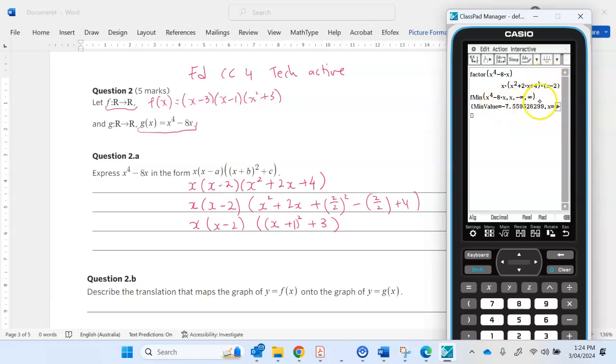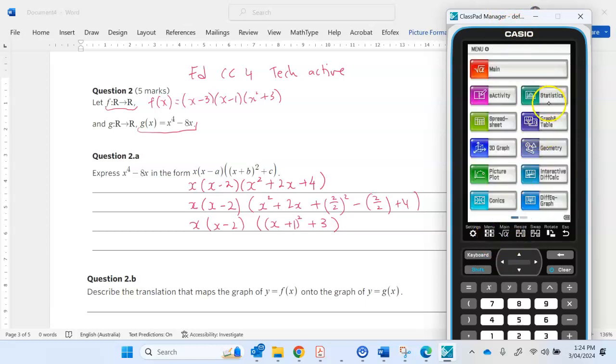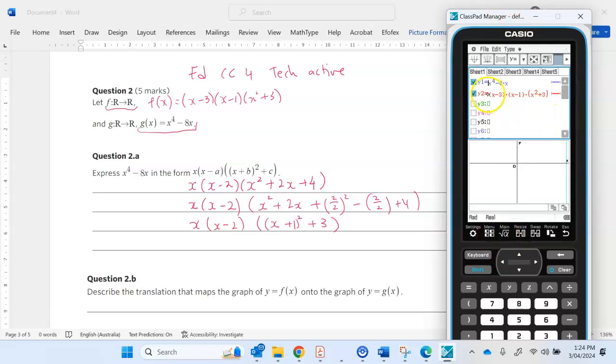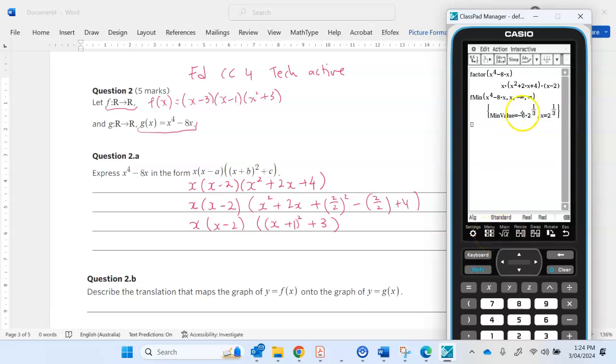Again, it's giving me a decimal, so I just need to change it from decimal. All right, so there it is. And then let's do the other one. Oops, wrong one. Let me just highlight you. Should have done this one first, actually. Doesn't matter. Main.